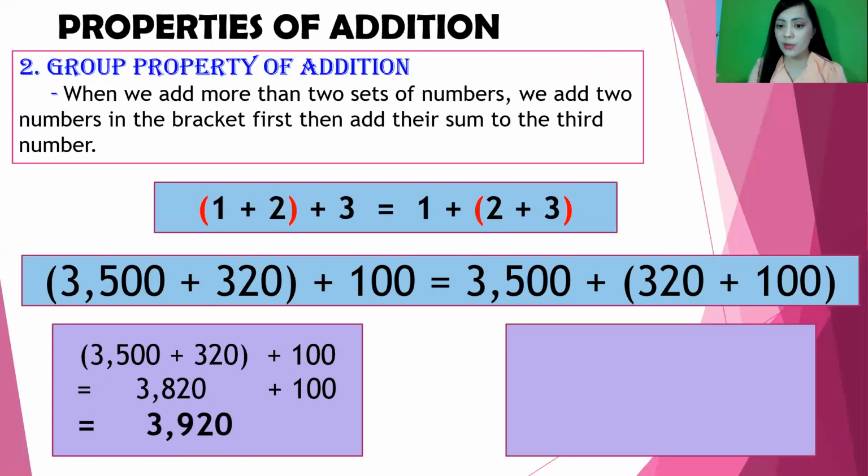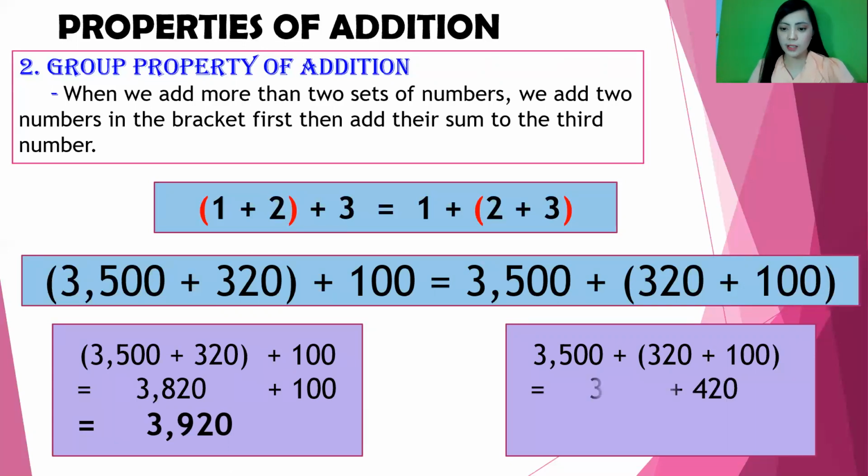So what about the other bracket, 3,500 plus bracket 320 plus 100 bracket. So that's 3,500 plus 420. So that's 3,920. You see, you will get the same answer.